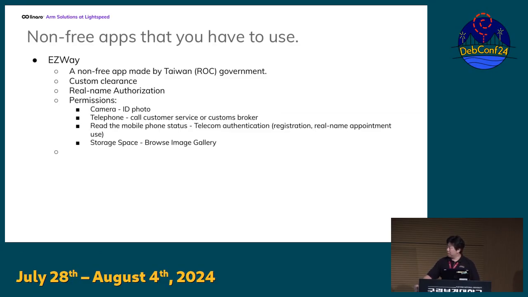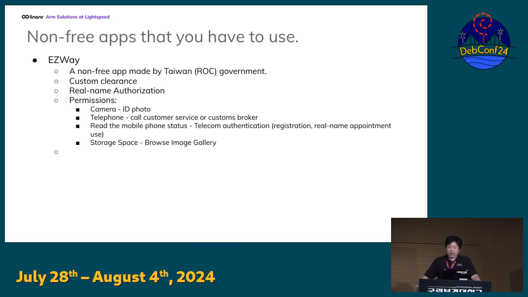And as I said, it's not open source. And it requires the following permissions. You can check it on Google Play. It's the same. The first is camera. I think it's okay for me because the government app will take photos of your government-issued ID.